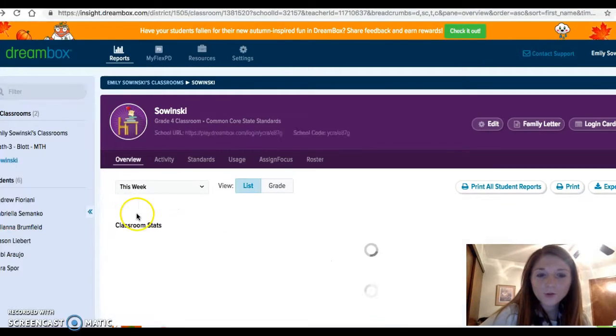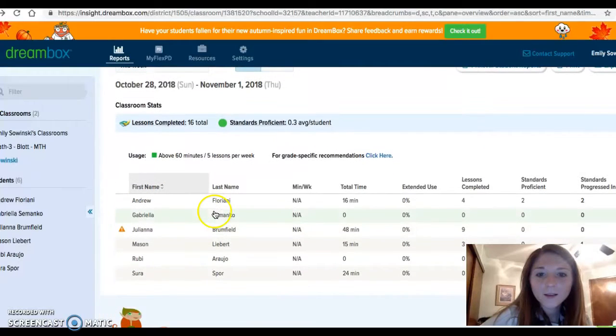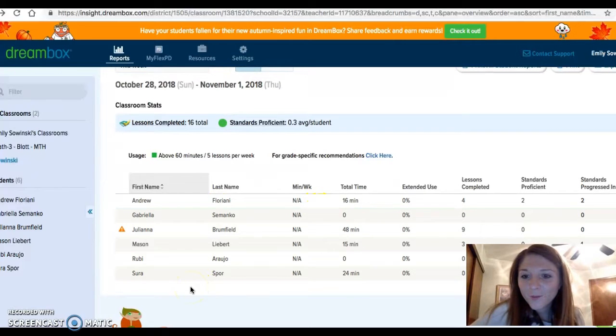Some of my students that have 0 time, Dreambox is still too hard for them. They don't benefit from it, so I have other modified and differentiated work that they do that is not on their iPad. Our district requires Dreambox and wants students to be using it 20 minutes, but it's not appropriate for some of my students.